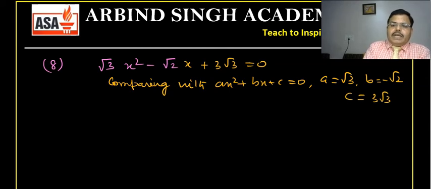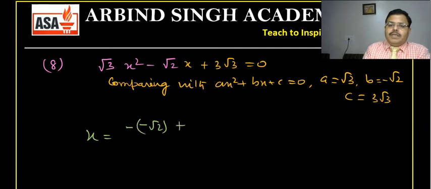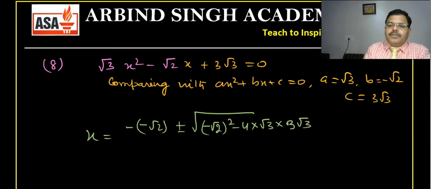So better to write d here. Sorry, no d, but directly x. What will be x? Here, let me write x. x is equal to minus of minus root 2, minus b, plus minus root under b square, that is minus root 2 whole square, minus 4ac. a is root 3 and c is 3 root 3, divided by 2a, 2 into root 3.